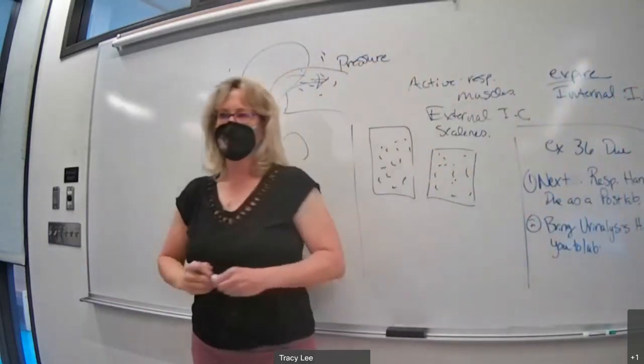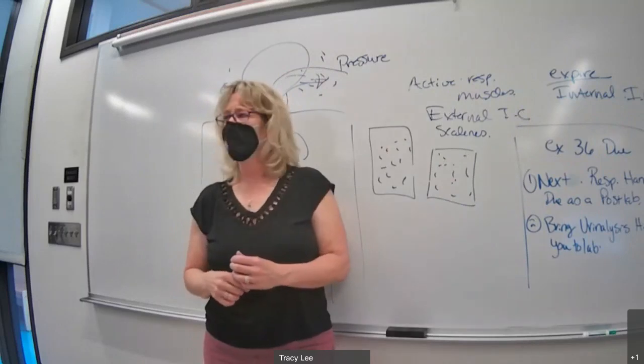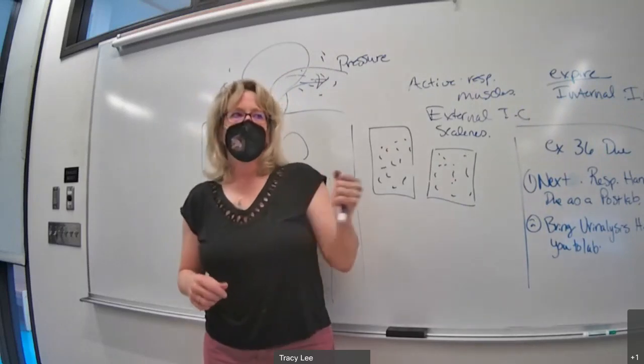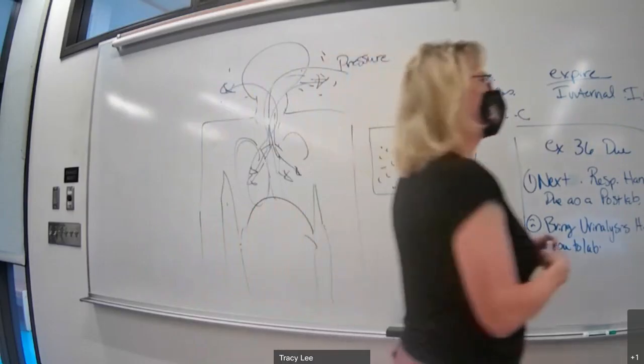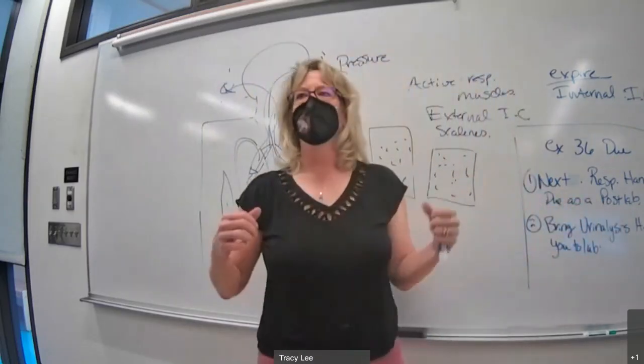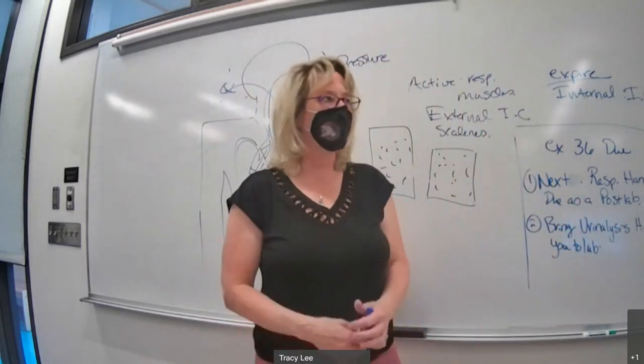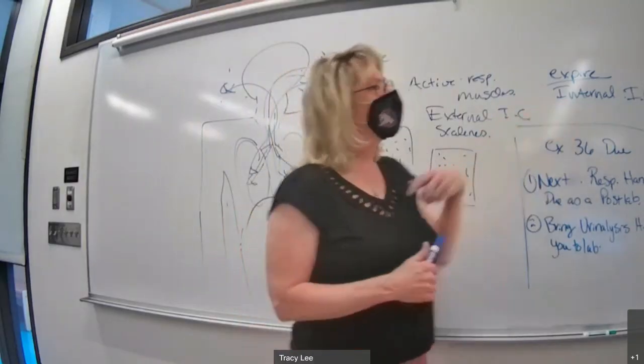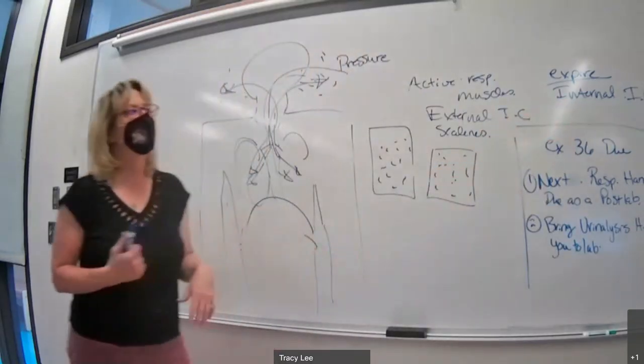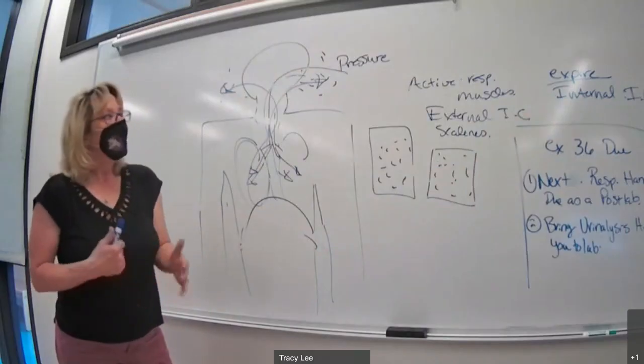Any others that you can think of? A little bit, you can get into some of your abdominal muscles. We can really contract our abdominal muscles. But really, the big guy there is going to be internal intercostals.